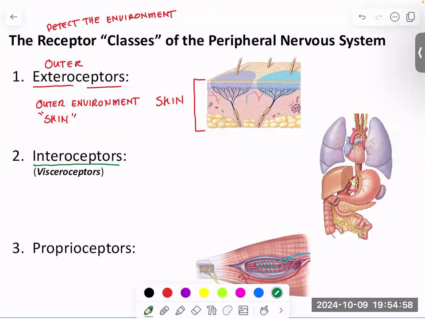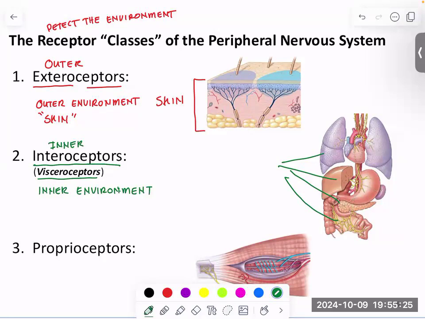Interoceptors. These used to be called visceroceptors. They don't call them that anymore. These are your inner receptors, the receptors that are linked to all of these organs. So your inner organs, your inner environment. Does it hurt to breathe? My lungs hurt when I breathe.